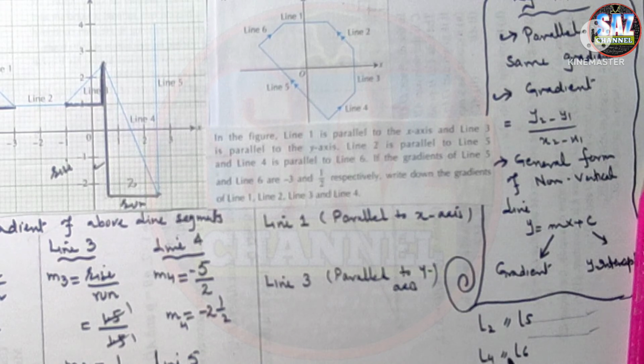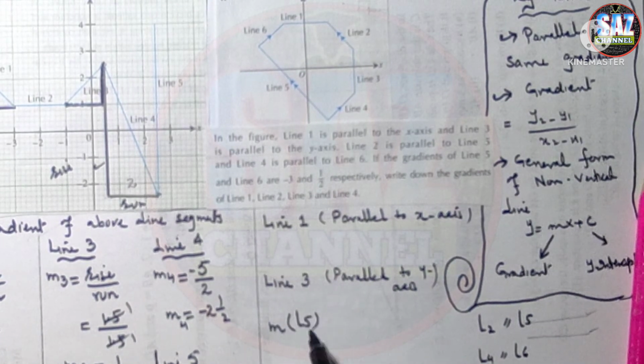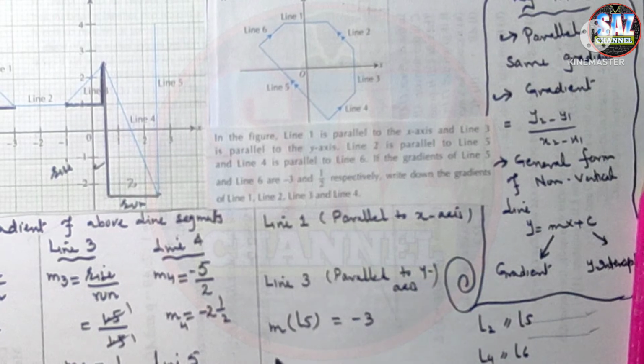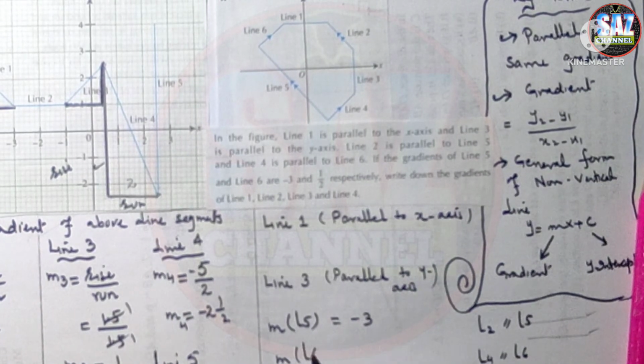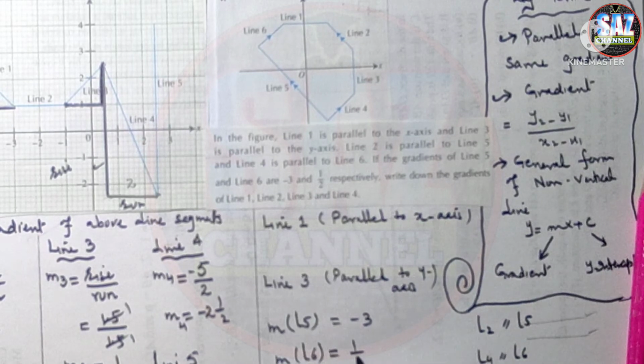If the gradient of line 5 is -3, and gradient of line 6 is half, respectively, write down the gradients of line 1, line 2, line 3 and line 4.